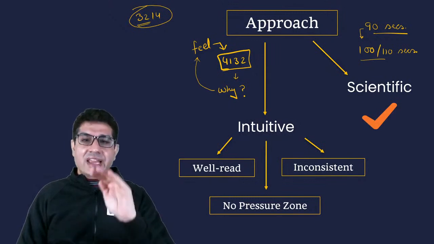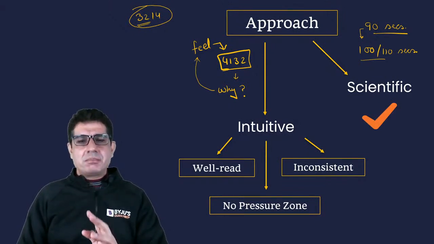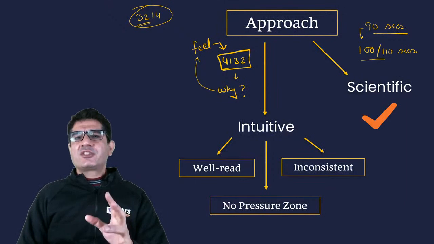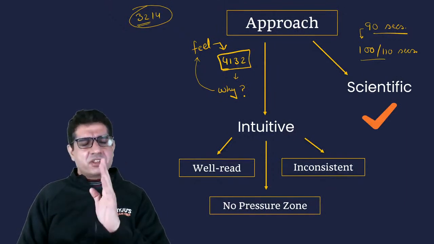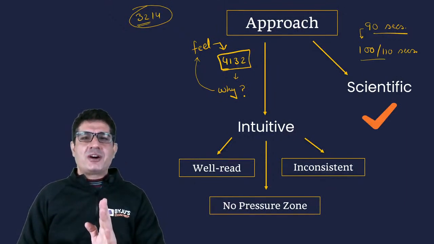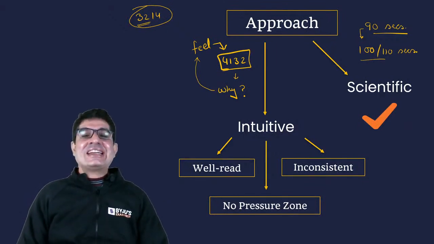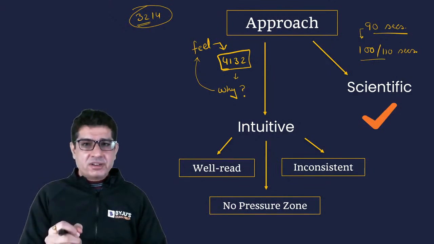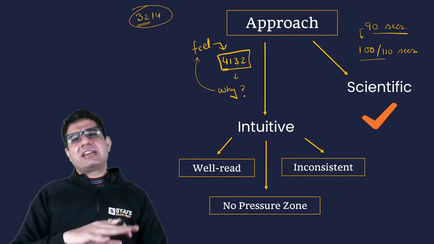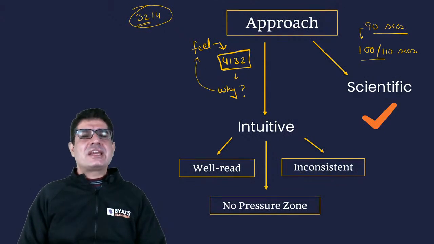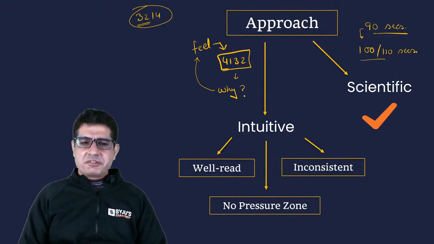But at this juncture, let us not worry about speed. Let us not worry about sitting in the exam. At this juncture, let's just work on getting these questions right. Focus on accuracy at this moment. Somewhere around June, July, we can switch over to working on speed as well. Fair enough?